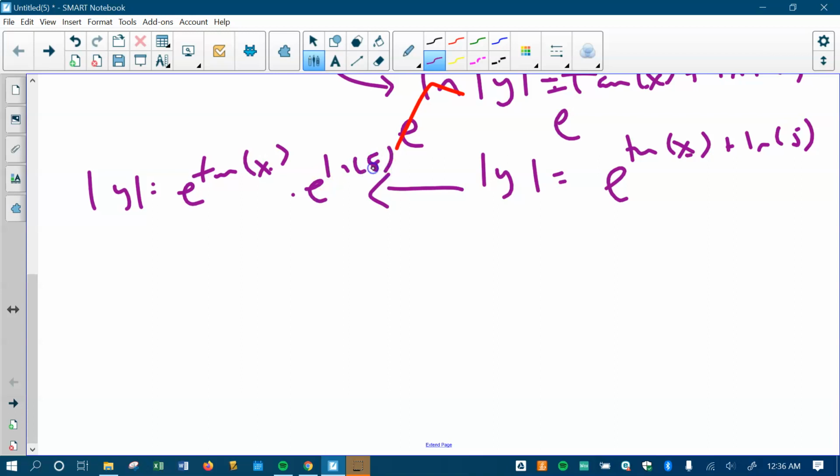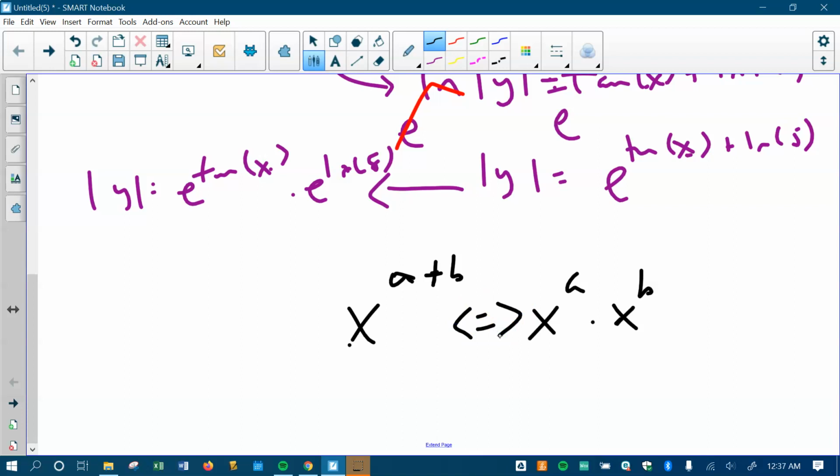And the reason we can do that is because that's a property of exponents: x to the a plus b equals x to the a times x to the b. So that's all I did from here to there.